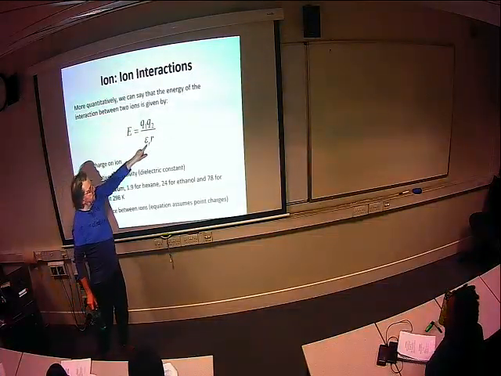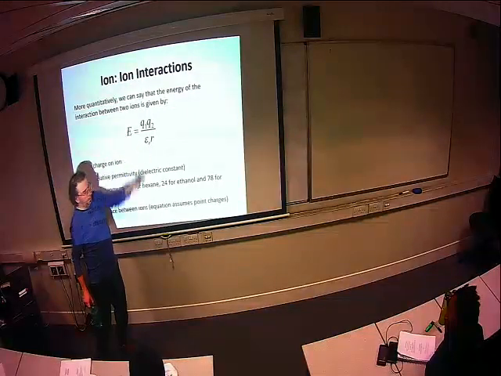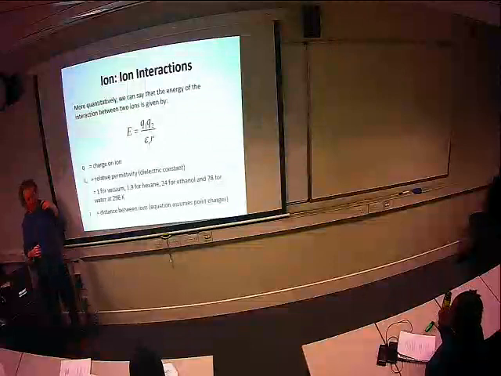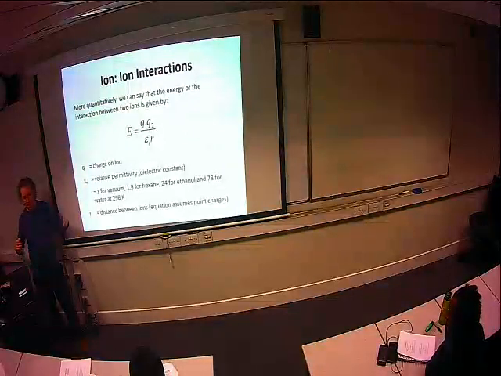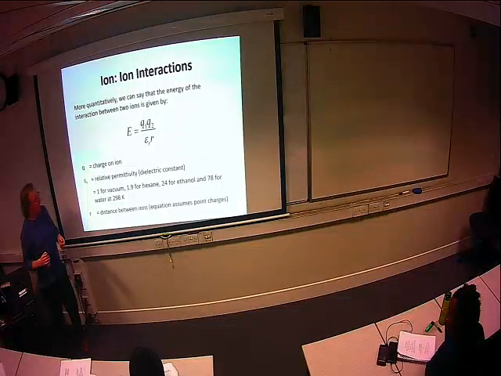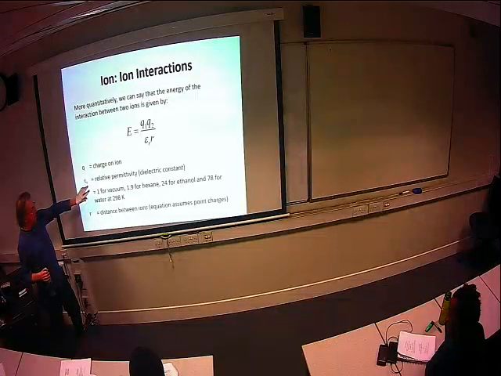And it's also dependent on this value here, epsilon, and that's described as the relative permittivity of the environment that the ions are in. It's also referred to as the dielectric constant.